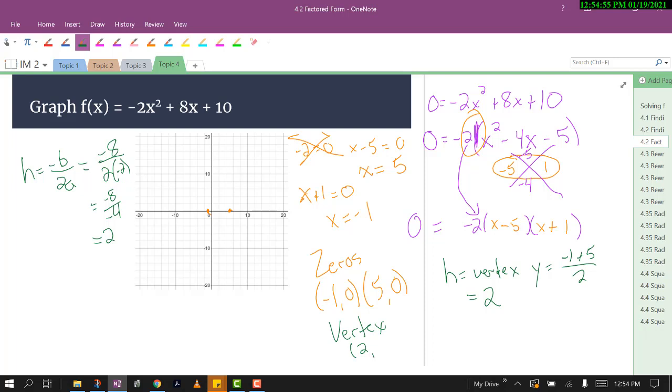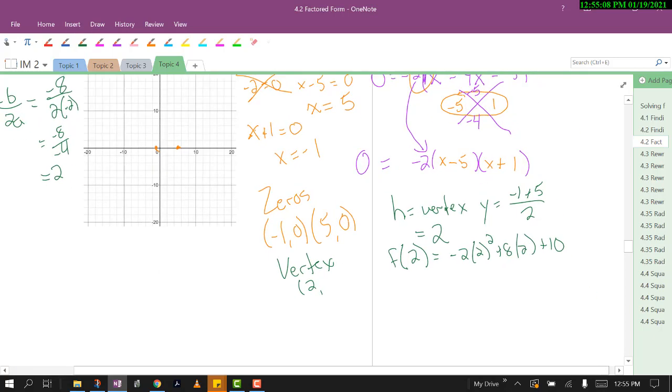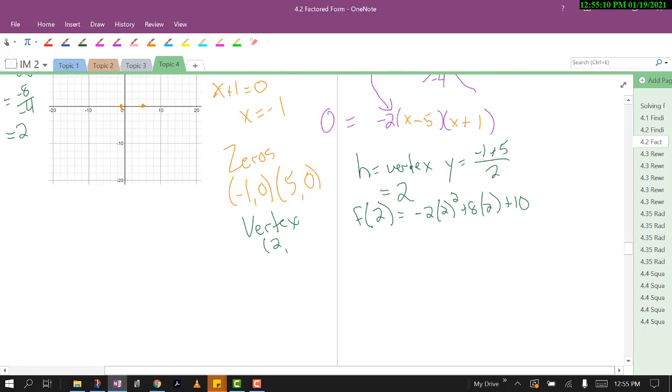And either way we get our h, or our x vertex, we have to plug in that x to our equation. Now, always remember your order of operations, because this is where I've seen mistakes. Parentheses, nothing to do inside parentheses. So exponents, yeah, we can do something.